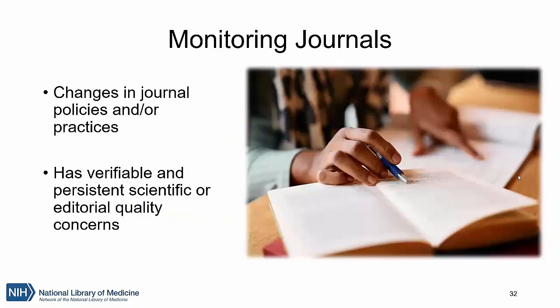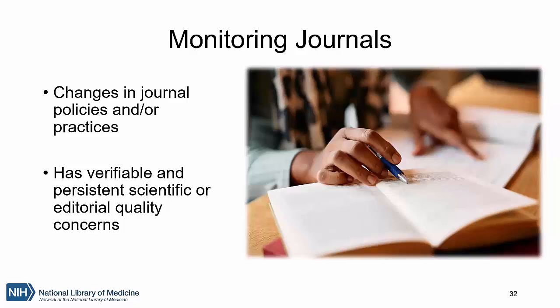At NLM, we do realize that a publisher's business practices or a journal's policies may change over time. If a journal undergoes significant changes, the NLM may reevaluate it for continued collection. These include significant changes to the journal's editorial board, its aims and scope, its publisher, or its scientific or editorial quality. If an issue is found, NLM may reevaluate the journal to ensure that it continues to meet the scientific quality standards for PMC or Medline.